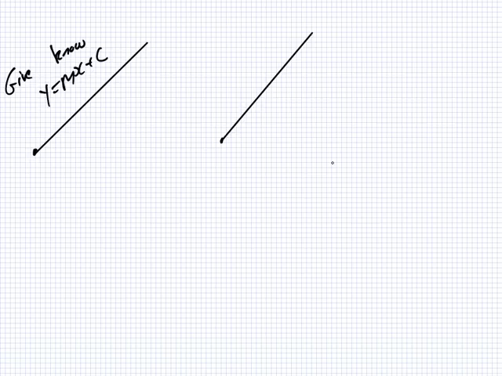So if I draw the difference here, in semester 1 you had y equals mx plus c, and this basically gives you the y if you know the x. But what's different now is we want an equation, a formula, that gives us all the vectors that point on the line.